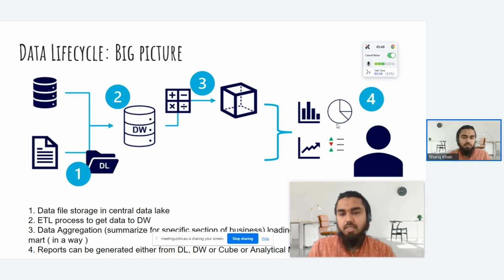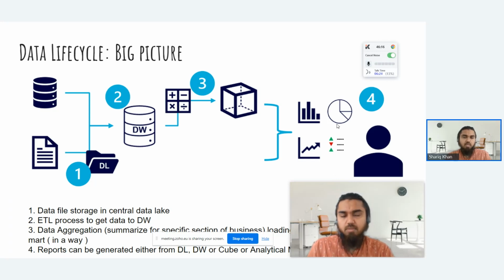So these data types come from different sources. Instead of putting them precisely into relational database, relational data into relational database, non-relational data into non-relational database, and so on, it's convenient to get the data from different sources and put them into one place, which we call as data lake.